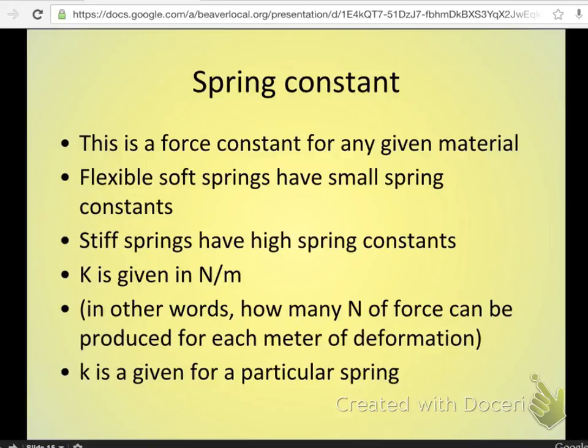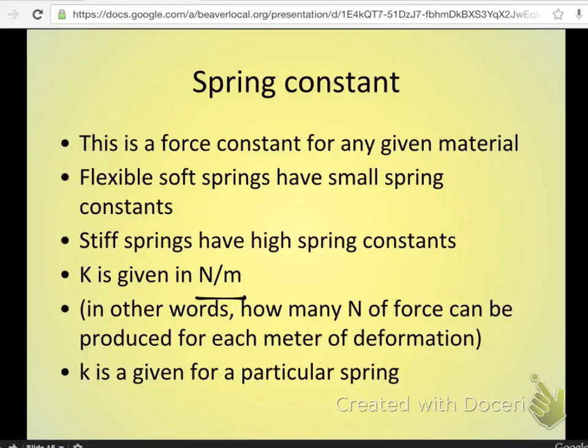This would have a much higher spring constant. And the spring constant is given in newtons per meter. Guess what that is? That's how many newtons of force you get whacked with based on how many meters you deform the spring. How many newtons of force that spring can store based on how far you deform the material.